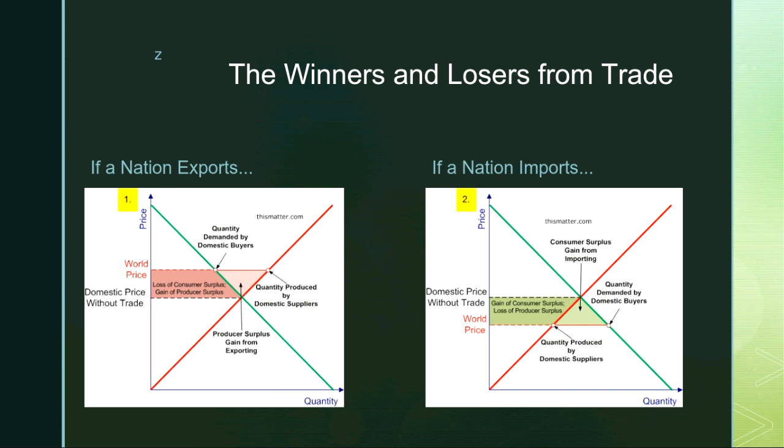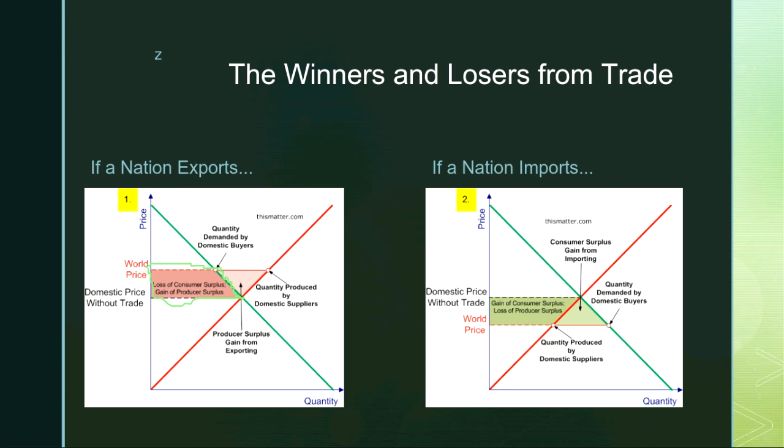Simply put, at the higher world price, what ends up happening is that producers get this area here shaded in red from consumers. This was originally consumer surplus in our original domestic market. So this has transitioned to producers, because this price has gone up, and so producers are now receiving more money from domestic consumers.